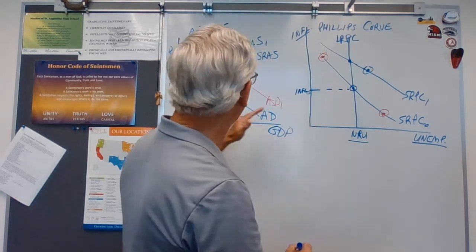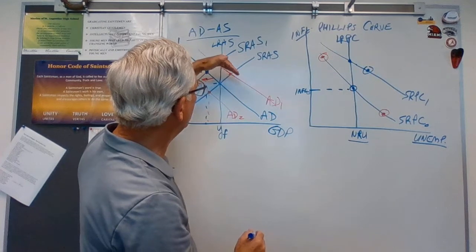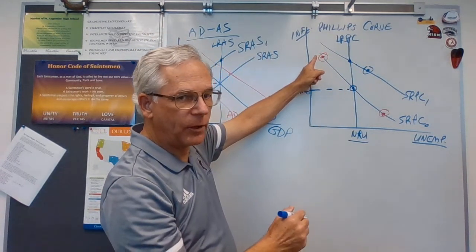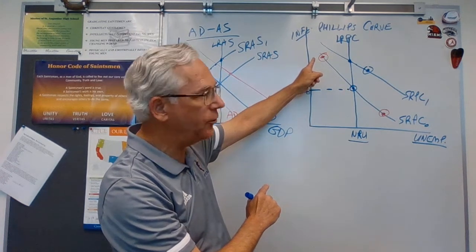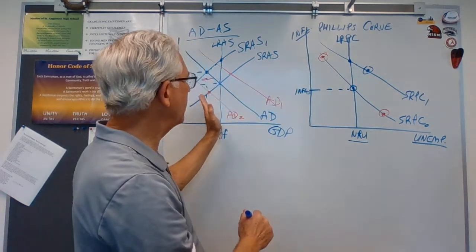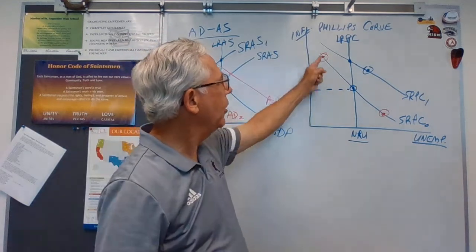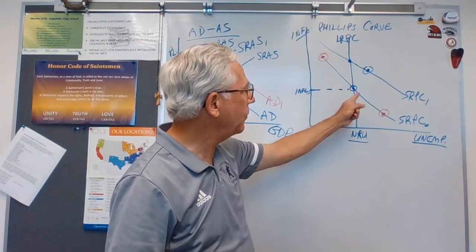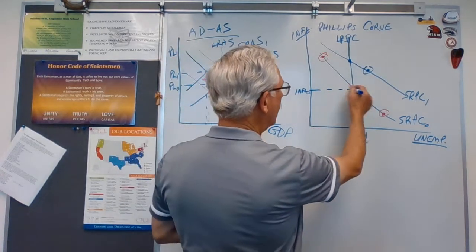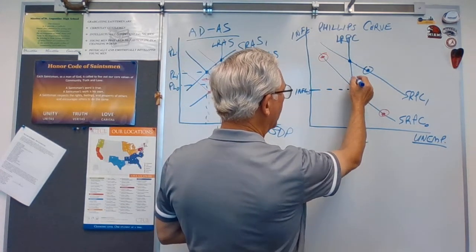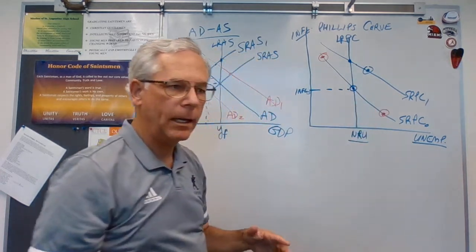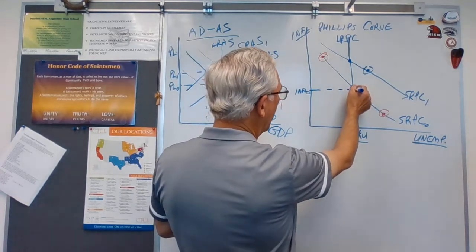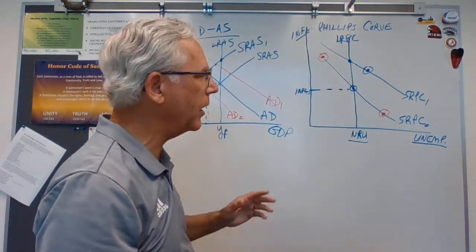When the AD shifted to the right, we moved up here, and the actual rate of inflation was higher than the expected rate of inflation. When AD shifted to the left in a recession, we came down here, and the actual rate of inflation was lower than the expected rate of inflation. Okay, so this is the expected rate of inflation where it crosses over, and then adjustments are typically made, and we wind up hopefully getting back to the original place there.